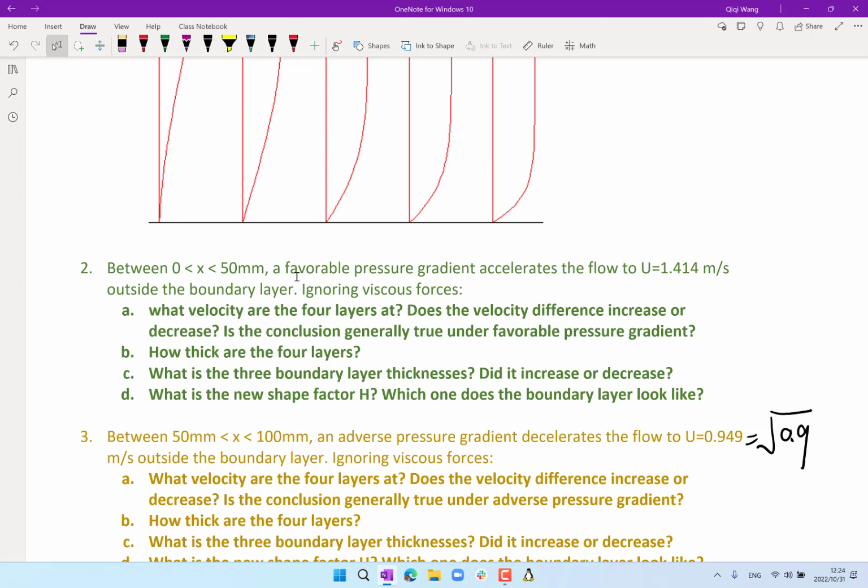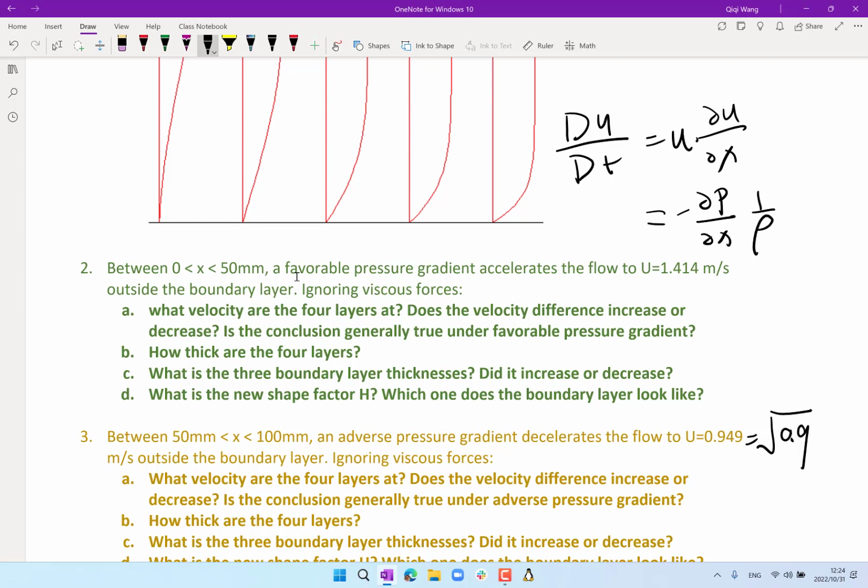The one nearest to the wall, right? The one nearest to the wall gets the most acceleration because du/dt is equal to u times du/dx, and that is equal to the effect of the pressure gradient, which is going to be the same for all the stream tubes. So which one gets the most du/dx?